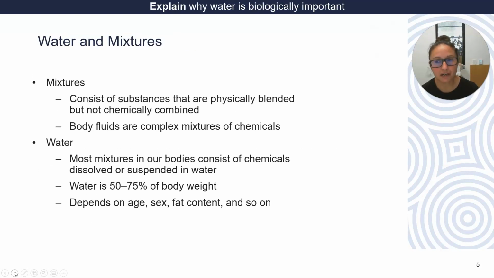Okay, so we are going to think about mixtures in this recording and the different types of mixtures, and we're going to look at that. And we're also going to think a little bit about how important water is, because water is called the universal solvent because it's so common, and our bodies consist of mostly water.